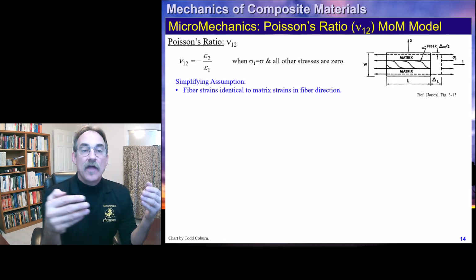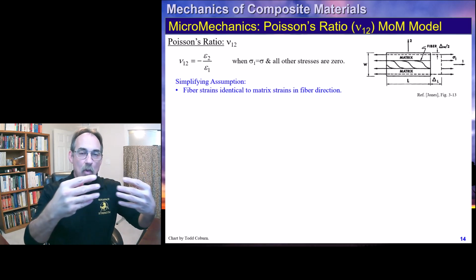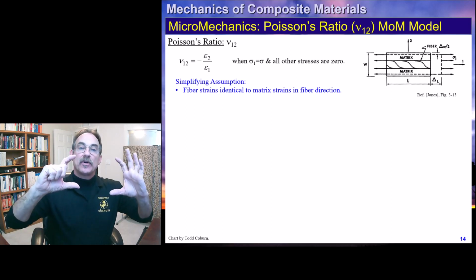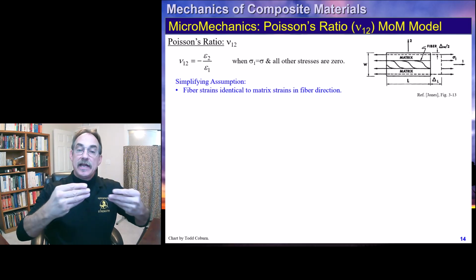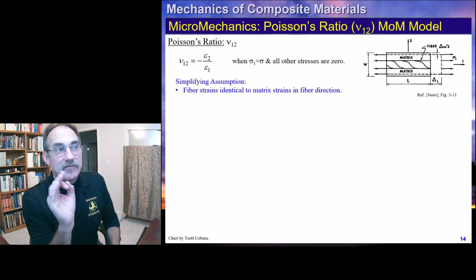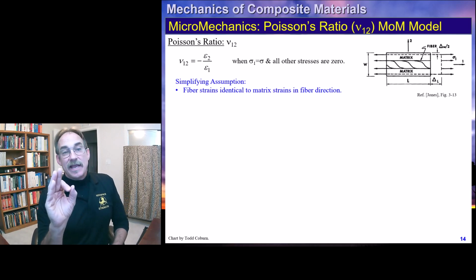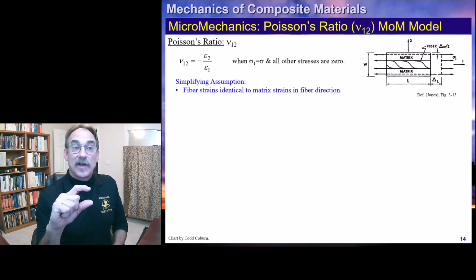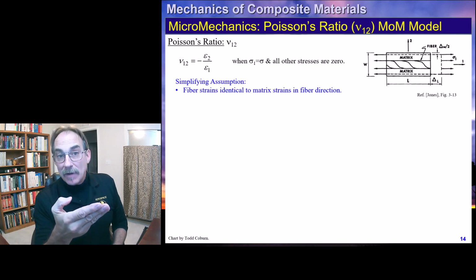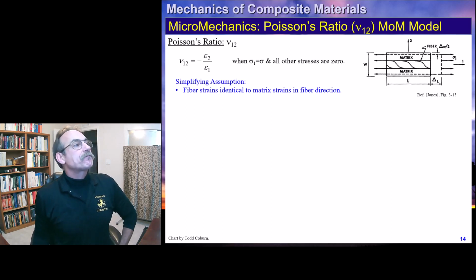So if we're pulling on this part in the one direction, the strain in the transverse direction divided by the strain in the one direction, the direction we're pulling, the negative of that is defined as Poisson's ratio. Remember, from this, we can estimate the strain in the transverse direction by just multiplying Poisson's ratio by the negative strain 1.